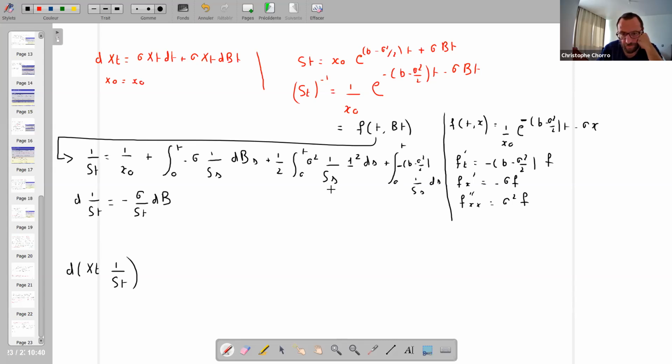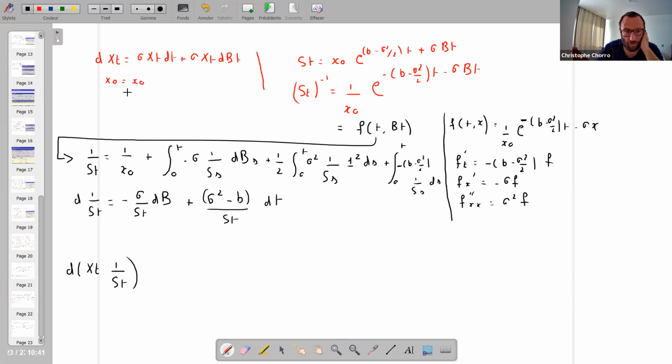I don't have simplification, but I can write it this way: plus sigma squared over 2 S_s, and here I have plus sigma squared over 2 this one, so I have 2 sigma squared over 2, that is just sigma squared, minus b, so (sigma squared minus b) over S_t dt, if I haven't made a mistake. So it's exactly what I obtained here.